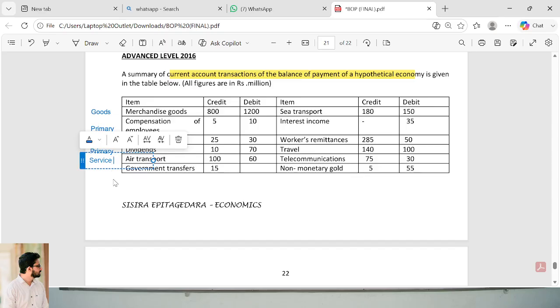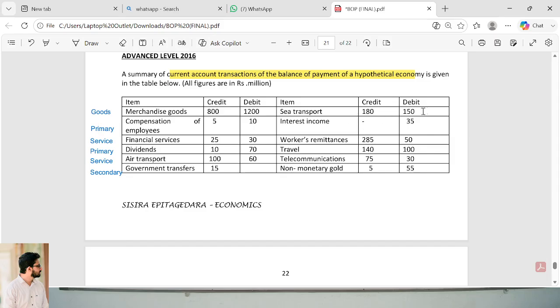Next one, government transfers. These are called official transfers as well. Where to record? Secondary income account. Very good. Next one, sea transport.